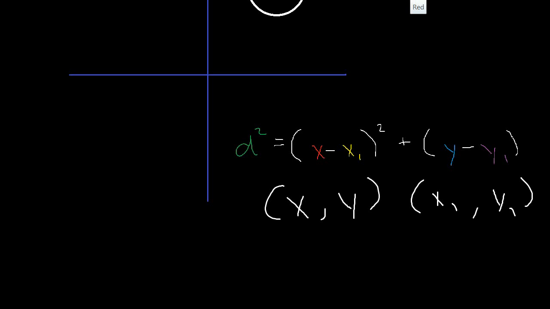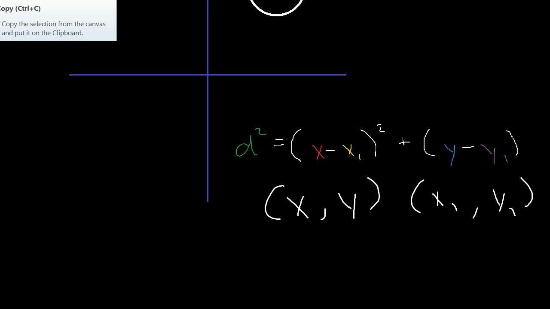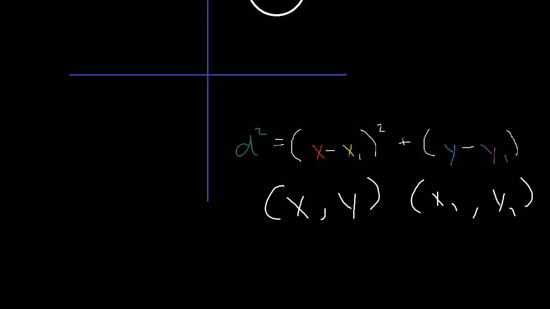So let's define D. Let's say it was 3. Let's define D as 3. 3 squared. And then let's set it equal to something.